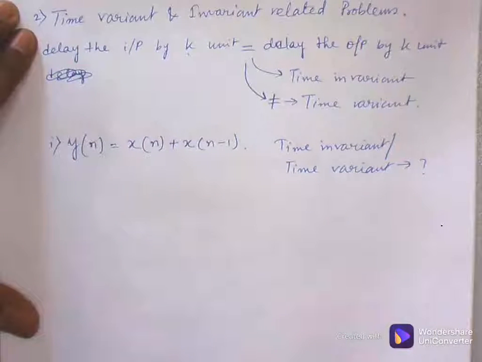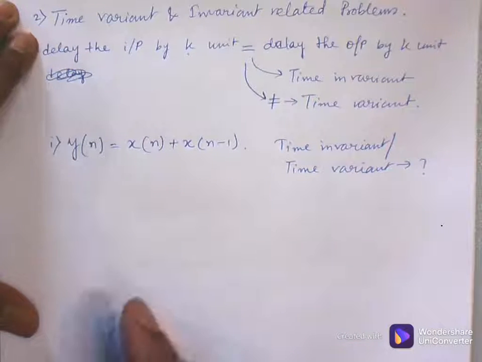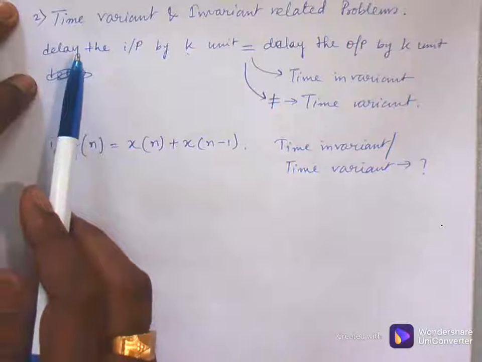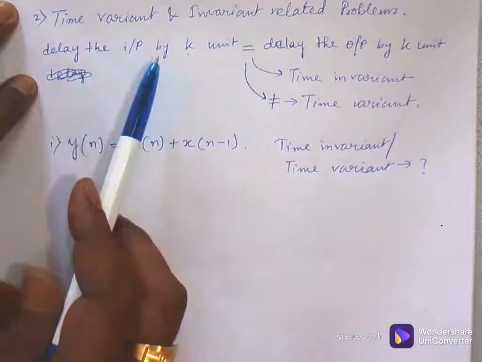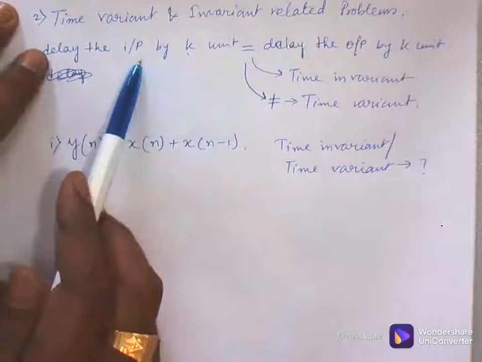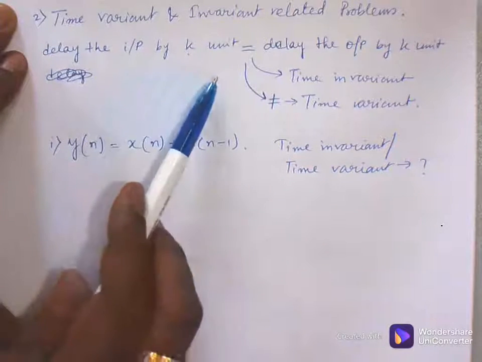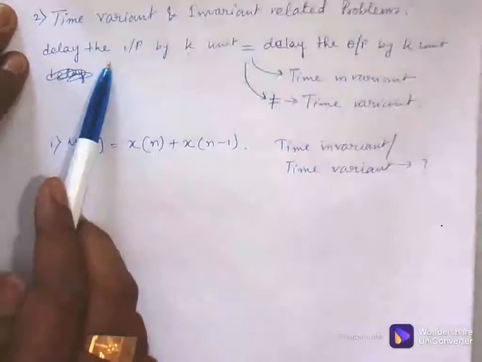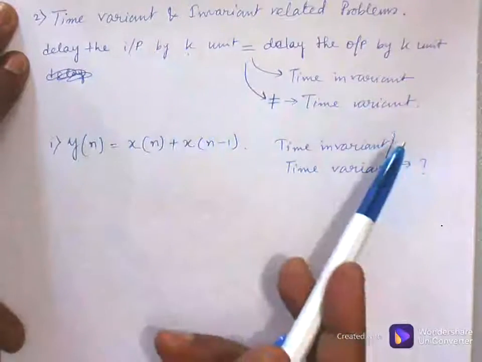According to the statement, to check whether a system is time variant or invariant, we have to do two operations. First, you have to delay the input section and you have to delay the output section.